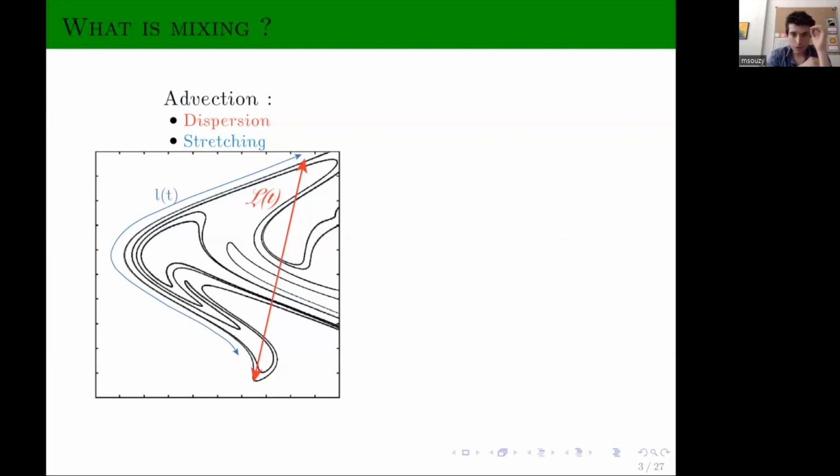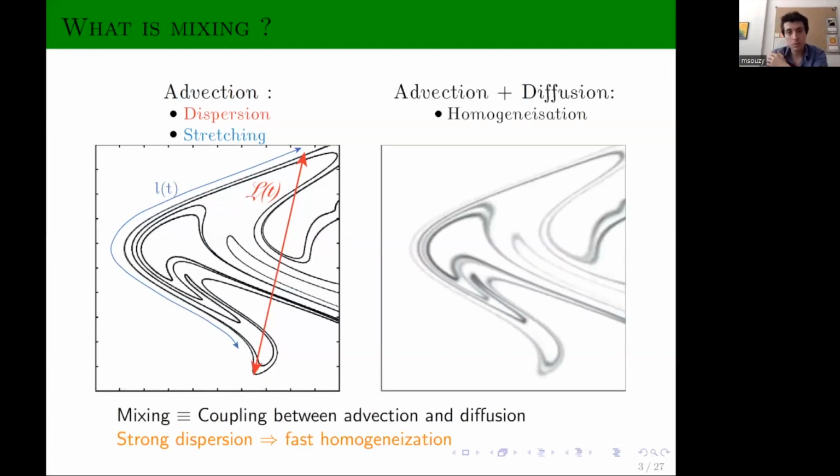But if you're interested in mixing, you need to turn on an extra, very key ingredient, which is molecular diffusion. As you can see on these two images, on the left one, when it's only about advection, you're stretching your material line, your lamellae, but there is no modification of the concentration distribution.